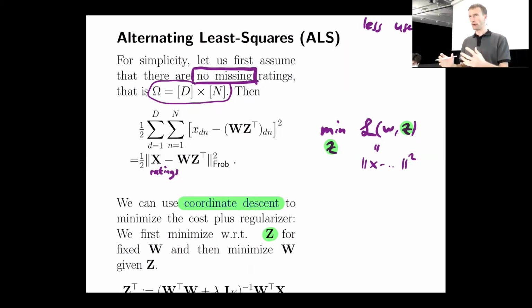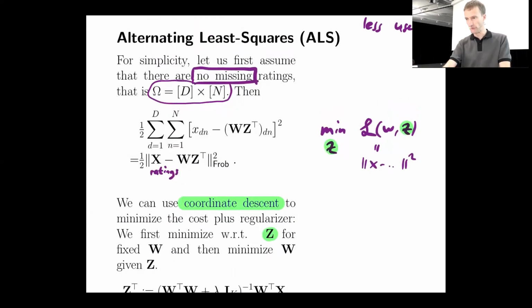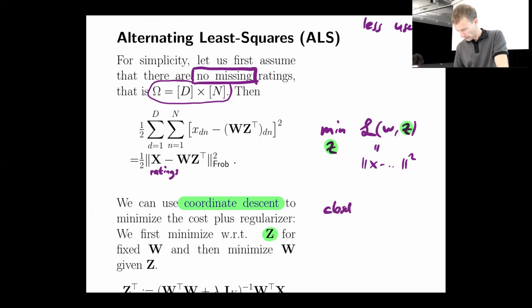Because Z is one of the two blocks, or groups of variables that we have. There are millions of variables. I just alternate between perfectly optimizing Z and then perfectly optimizing the others. So this has a closed form solution. I mean, not the whole problem, but the problem of finding Z has a closed form solution.